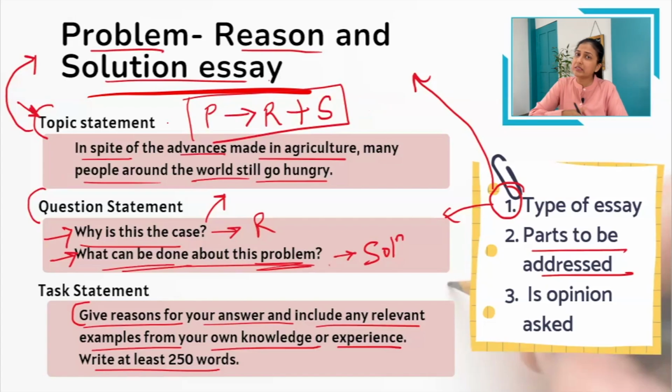Now, what is the task statement asking? Task statement is asking to give reasons for your answer and include any relevant examples, plus write 250 words. Now, if you are already giving reasons for a problem, how will you give reasons for reasons? Well, when we say give reasons for your answer, it means basically explain that. For example, let's talk about opinion essay.